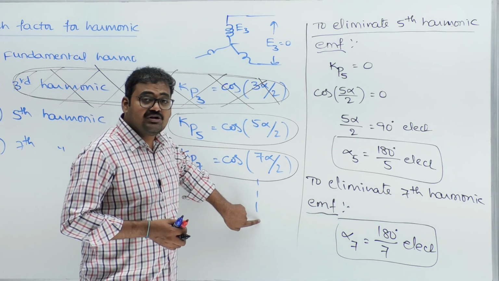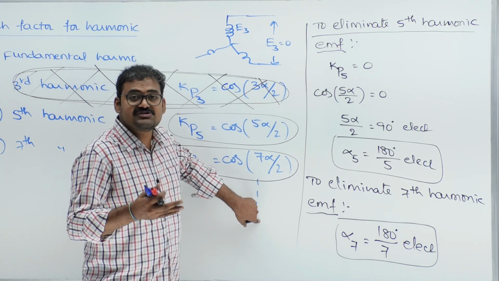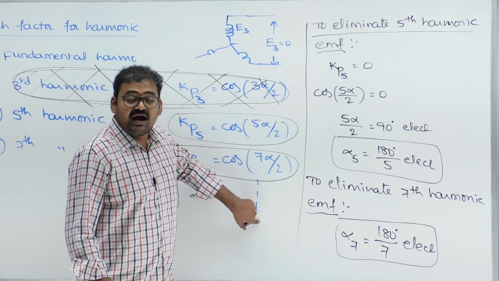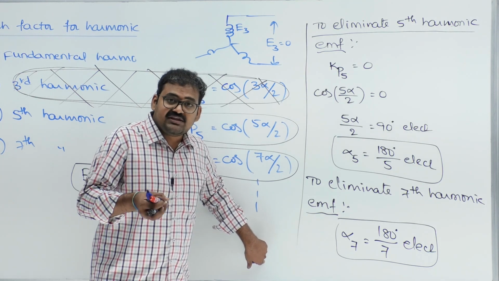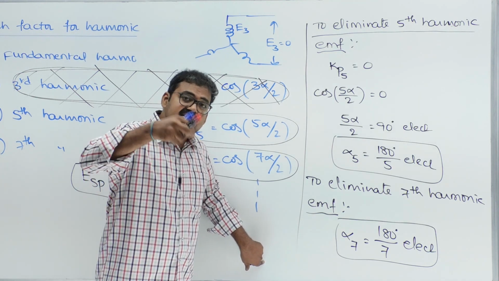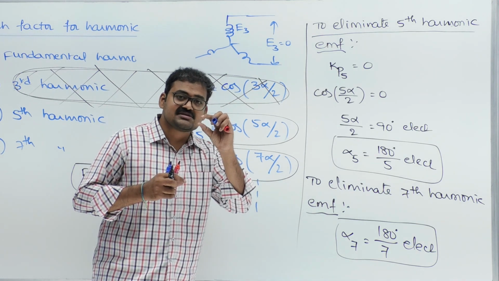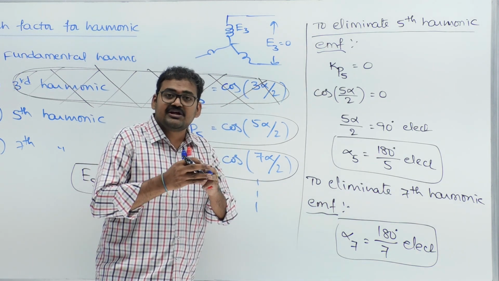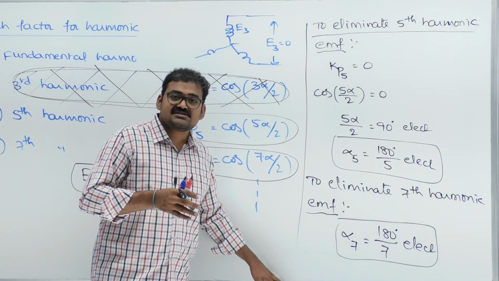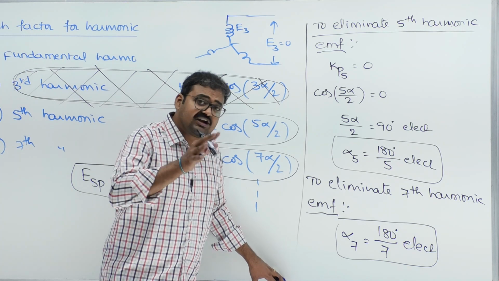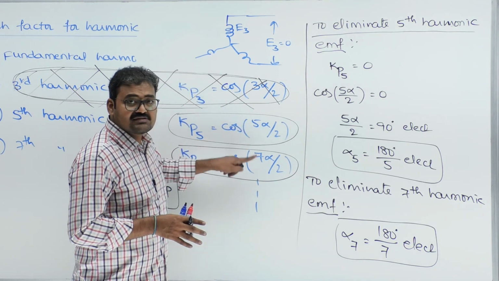Ninth harmonic EMF also will not be available in line voltages because the ninth harmonic is also zero sequence. And then the next effective is the 11th harmonic. But we know one thing, as the harmonic number increases, the magnitude of that harmonic voltage decreases. Therefore, higher order voltages can be neglected. If higher order harmonic voltages are neglected, what are the effective harmonic voltages always? Fifth order harmonic and seventh.